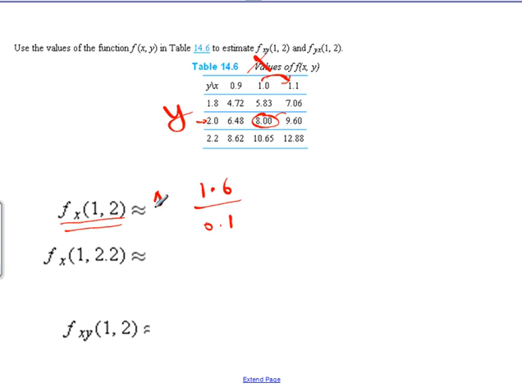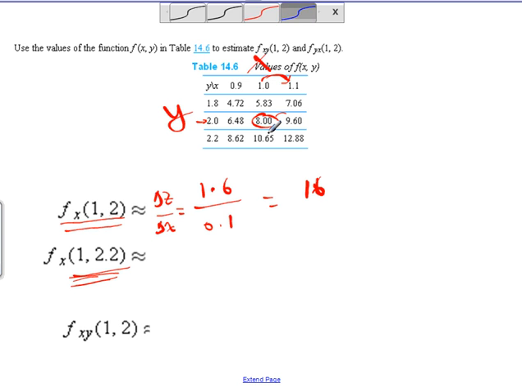So this is my change in z over change in x. So this predicts that for every change of 1 in x, our z value changes by 16. What about my f partial at the point 1, comma 2.2?